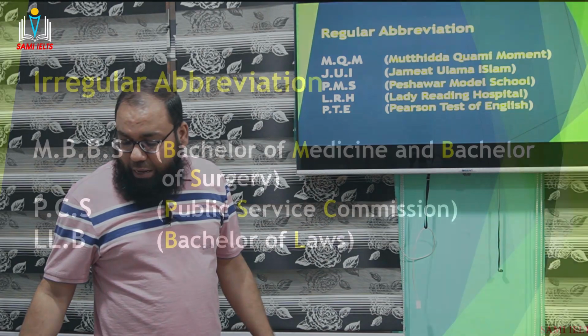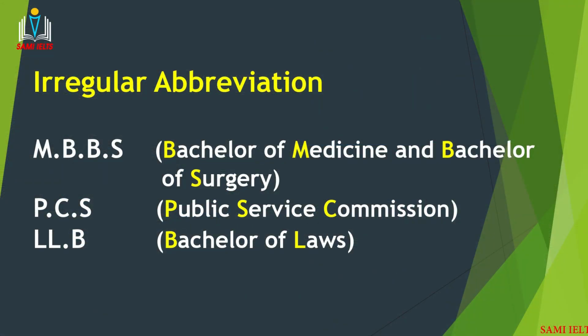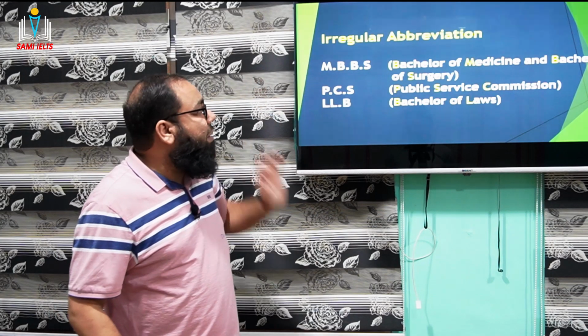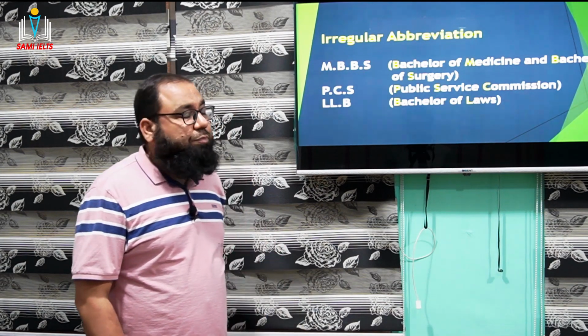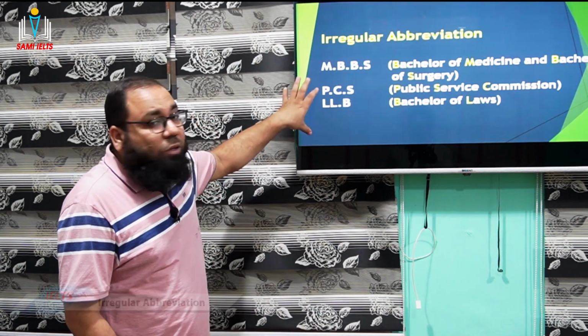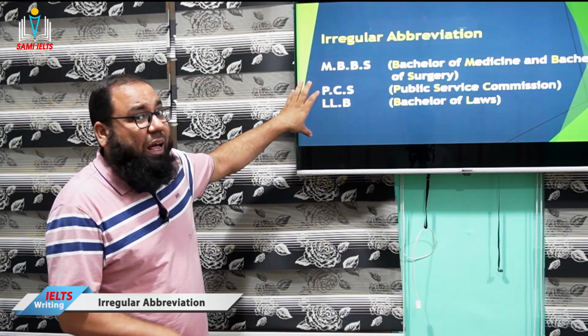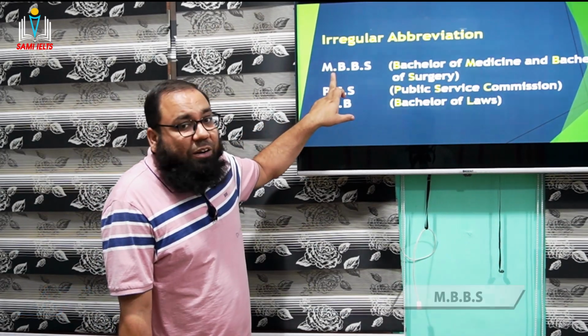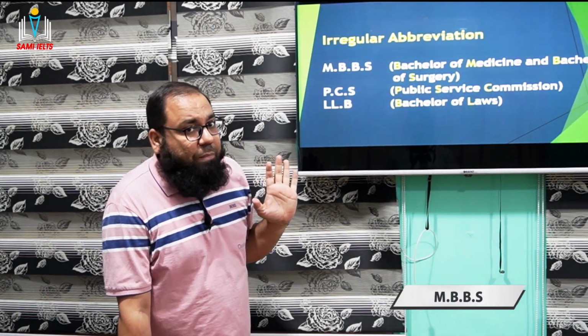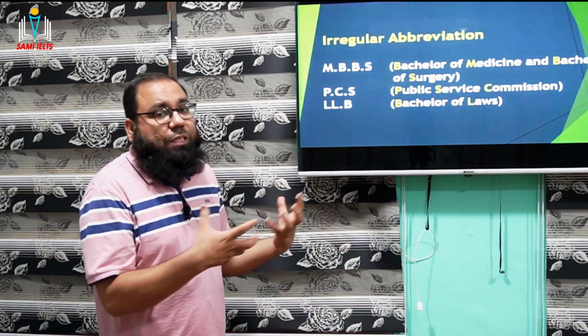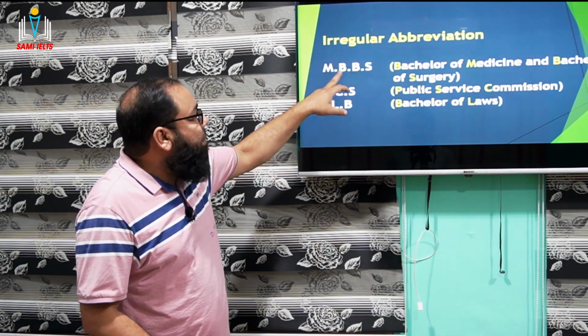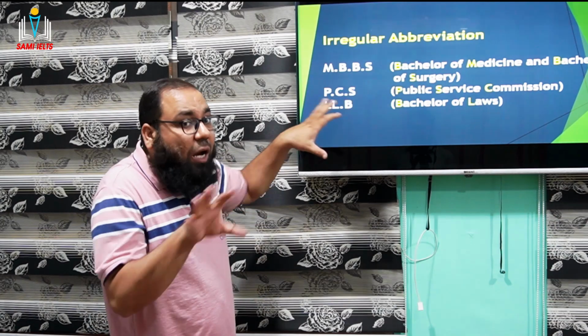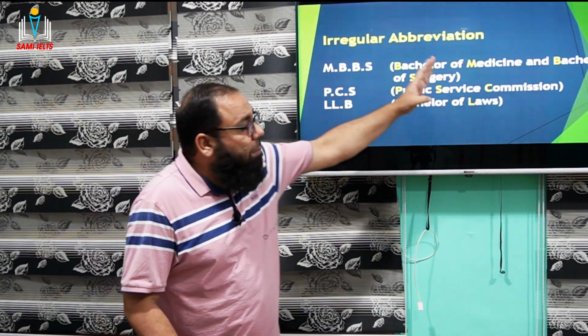And let me give you the examples. Now look, these are the examples of irregular abbreviations, guys. We write MBBS, right? But when we open this word, we don't say it in the same way.